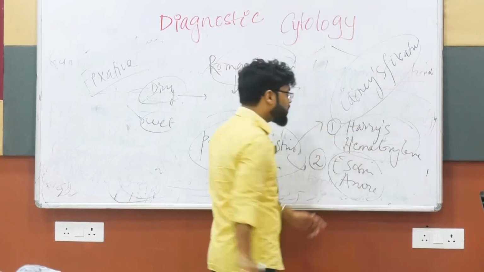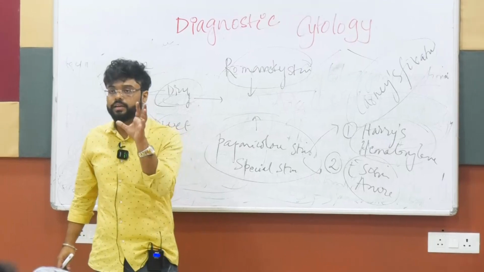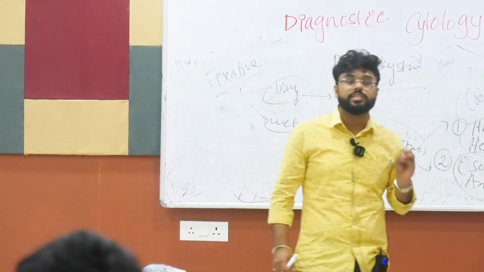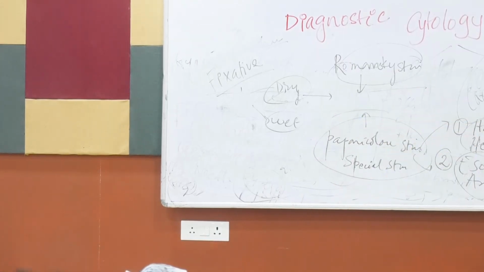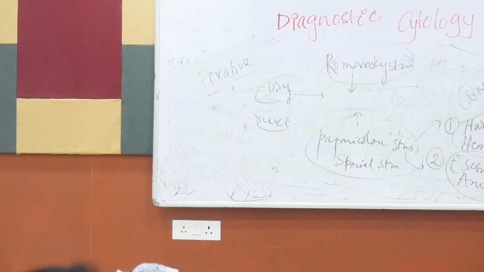Harris hematoxylin stain is used to stain the nuclear component, and ইওসিন অ্যাজিওর is helpful to stain the cytoplasmic component. So there are two components of Papanicolaou stain, Harris hematoxylin and ইওসিন অ্যাজিওর.